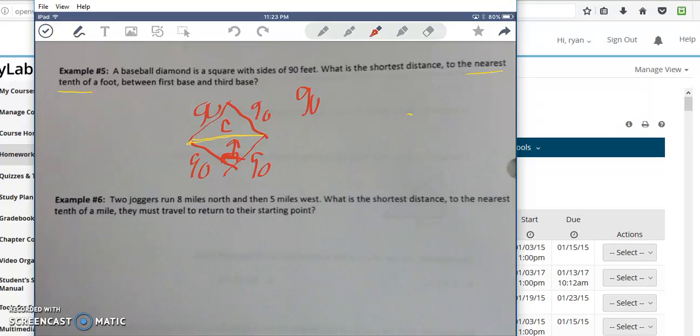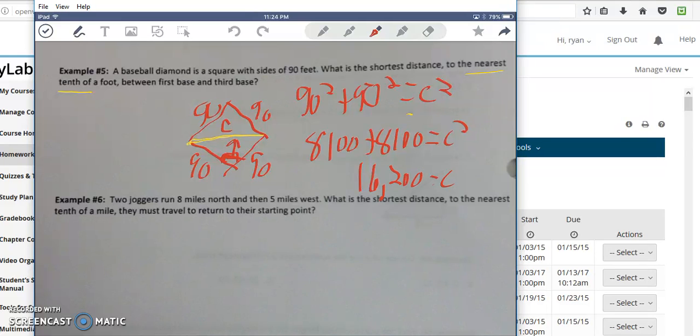So to set it up, this is also going to be our C. So we're going to have 90 squared plus 90 squared is equal to C squared. 90 squared is 8100 on both of them. So 8100 plus 8100 is 16,200, equal to C squared.